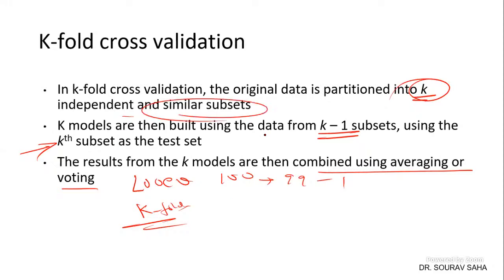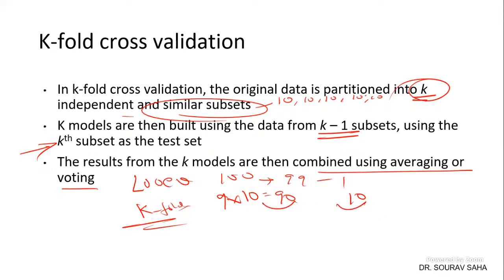At any point in time, 9 of those subsets, that is 90 data points, will be used for training and the remaining 10 for validation or testing.